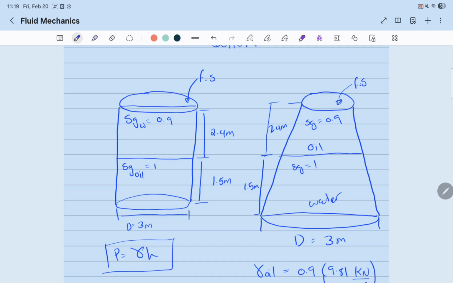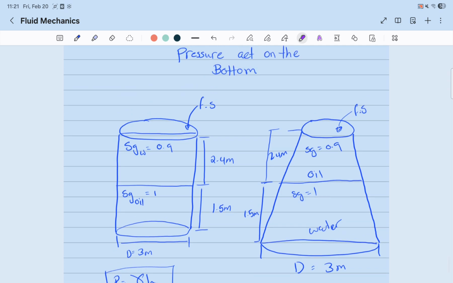It does not depend on the weight or the quantity. Therefore, the pressure at the bottom of the cone is the same as the pressure at the bottom of the cylinder. And the total weight of the fluid is not a controlling factor, recalling Pascal's law. That's it for this class. See you in the next one.